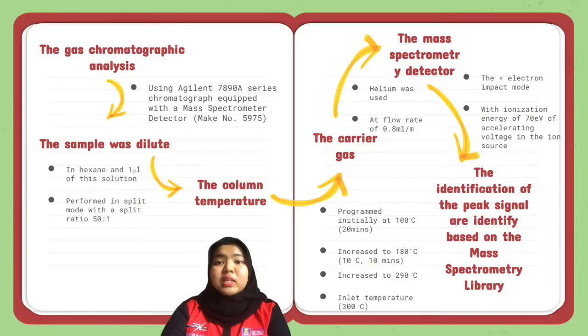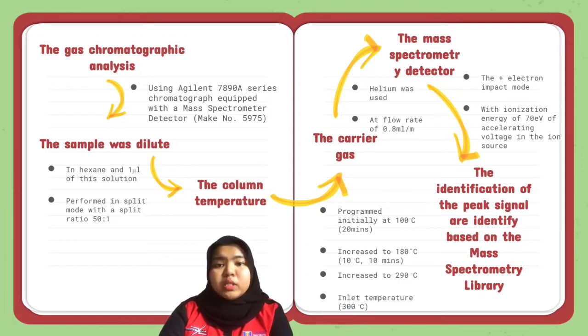The gas chromatograph analysis was made using an Agilent 7890A series chromatograph equipped with a mass spectrometer detector. A capillary column packed with non-polar HP5 column was used.